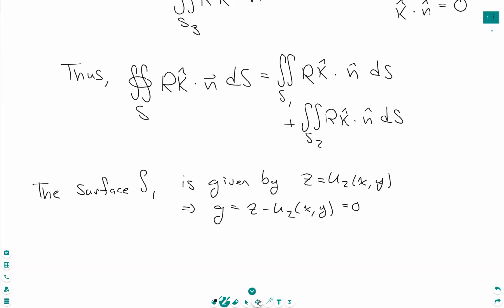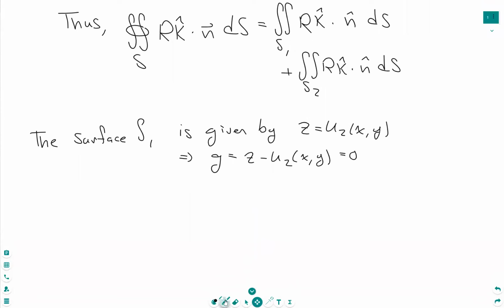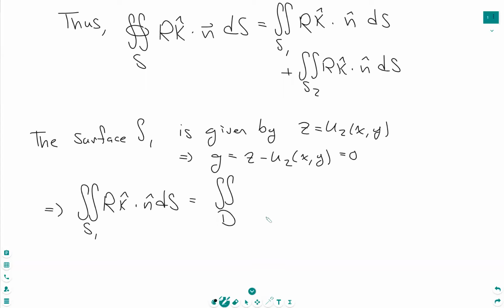Right, this is the behavior of our surface, which means that the surface integral of R k hat dot n dS can be written as the area integral over D of R k hat dot n, the magnitude of the gradient of G, over the magnitude of the gradient of G dotted with k hat, since we're projecting to the xy plane, dA.